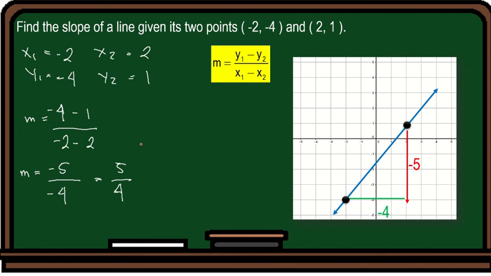So, kanina positive ang sagot. The second formula will give you the opposite, which is negative answer. So, kung dito ka galing sa taas, pababa, you will have a -5. Then, going to the left, which is -4. So, yun ang inyong point.